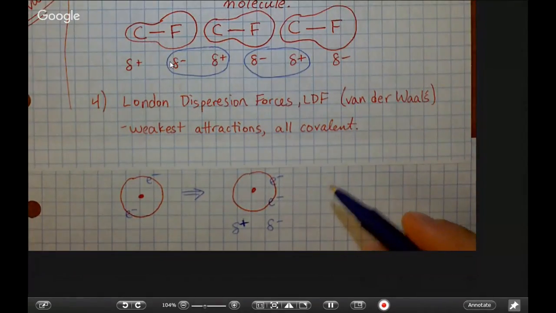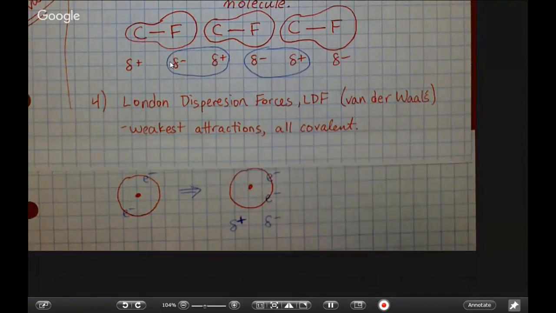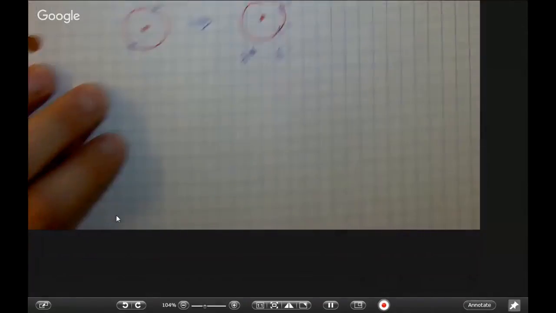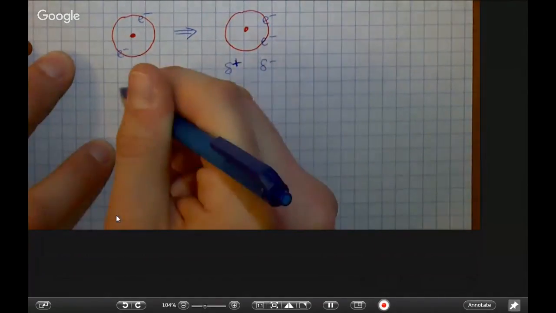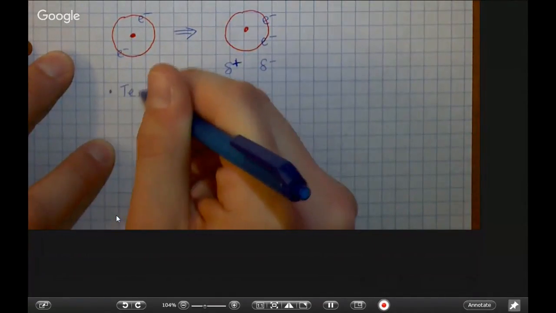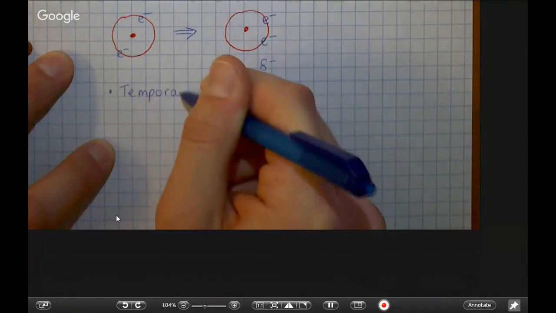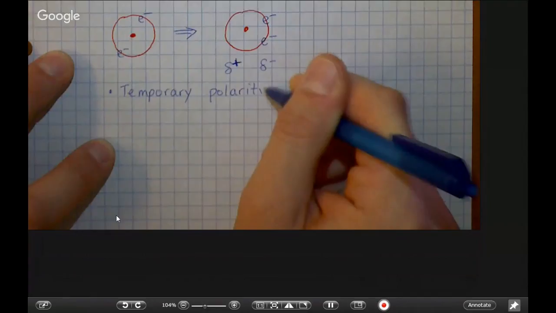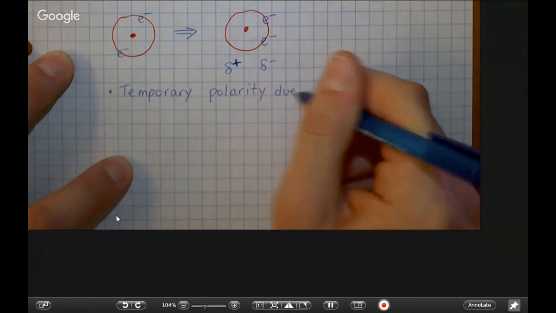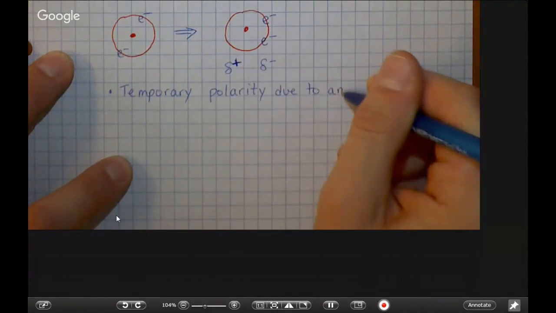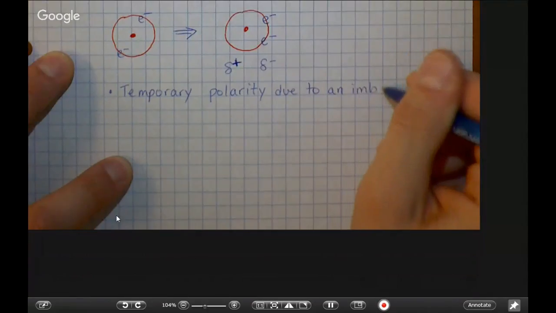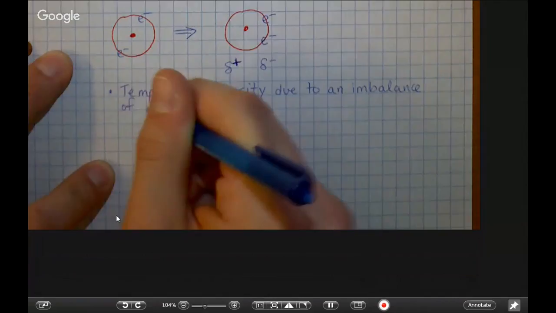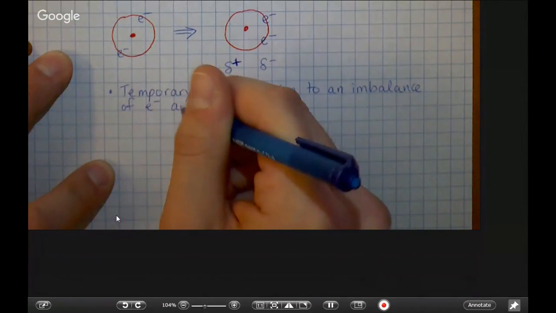So in words, we would say the following: that we get a temporary polarity due to an imbalance of electrons around the nucleus.